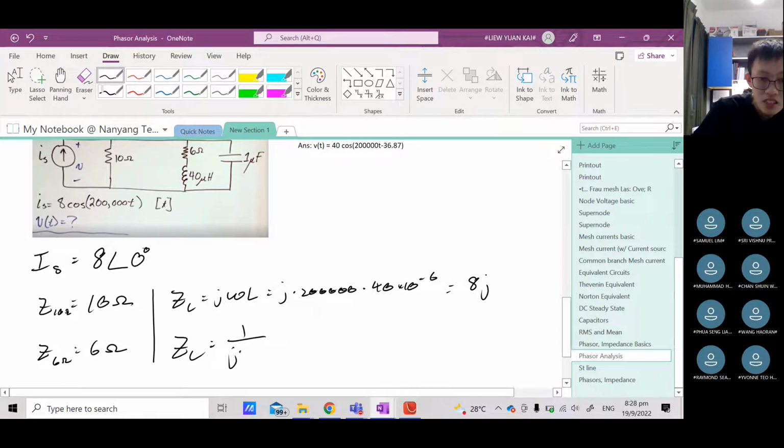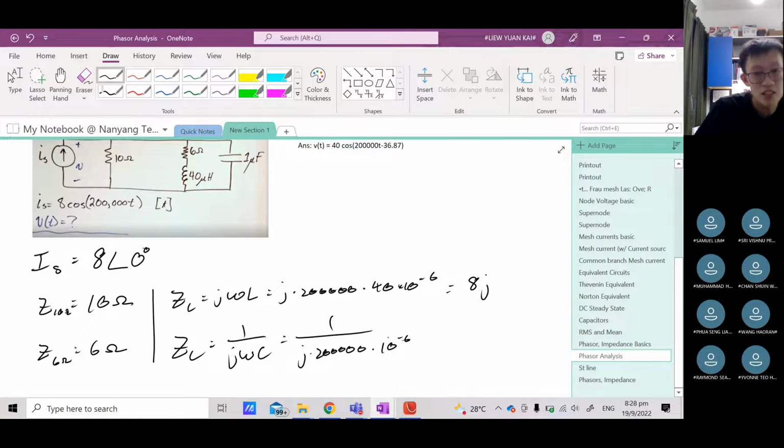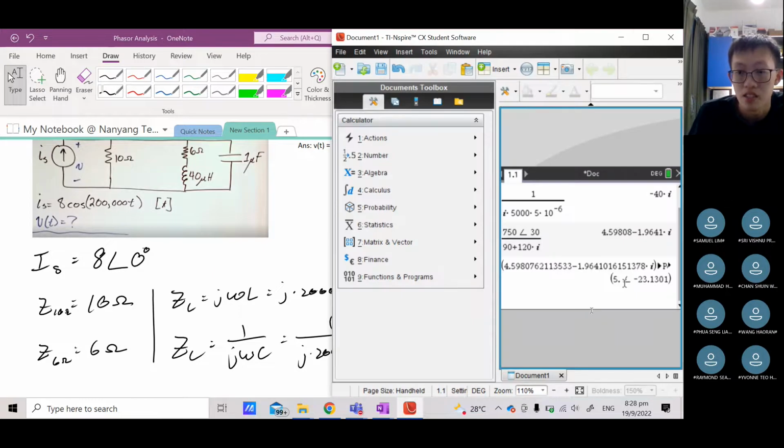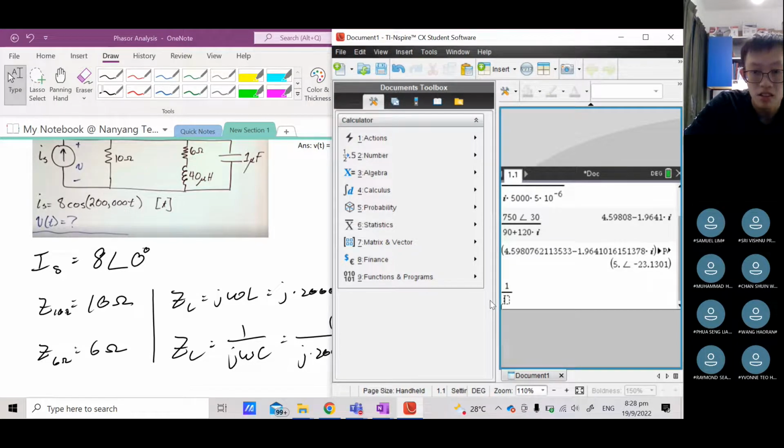Then ZC is given by 1 over j omega C, which is 1 over j times 200,000 times 10 to the power of negative 6. It's actually 1 times 10 to the power of negative 6, but I just omit the 1. So let me compute this.